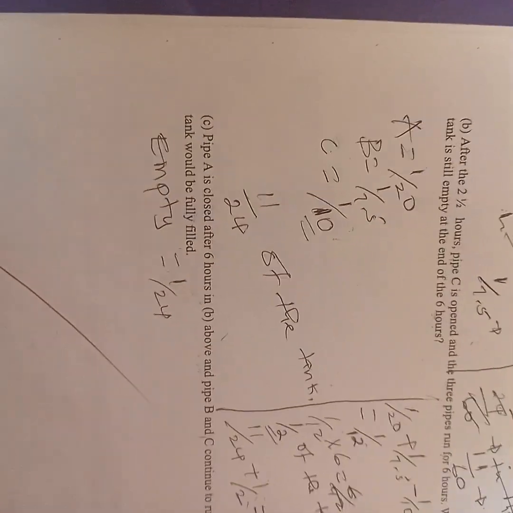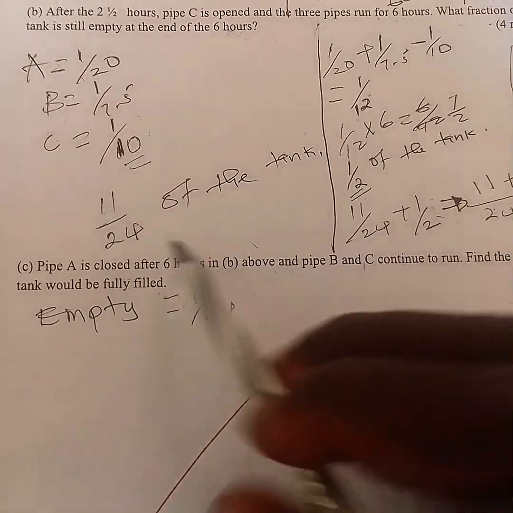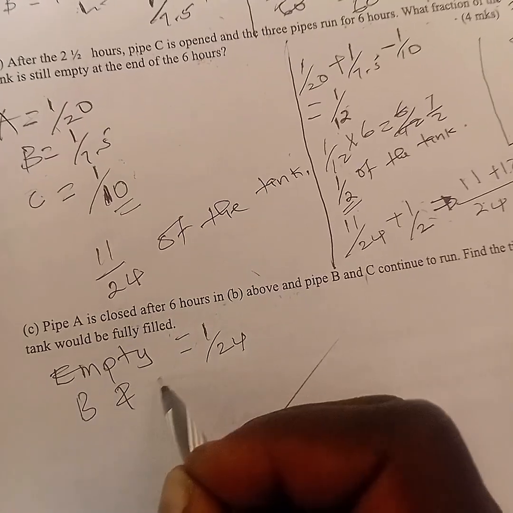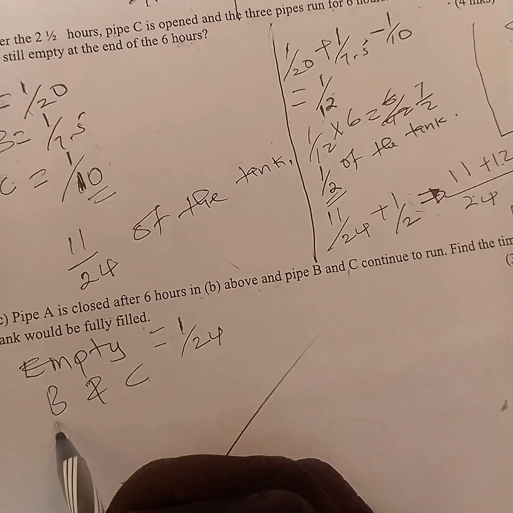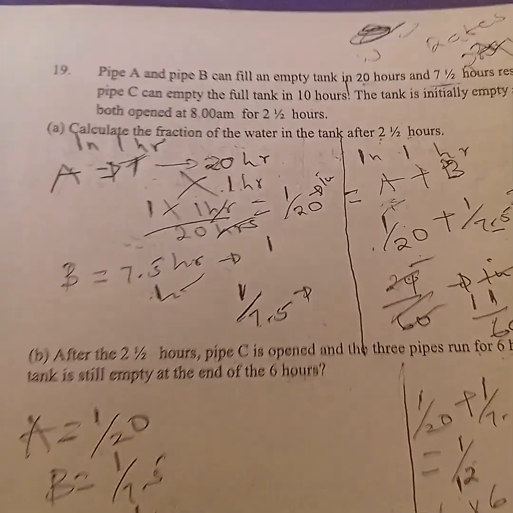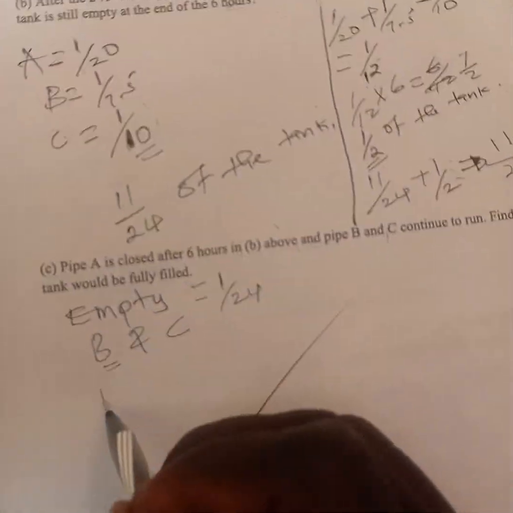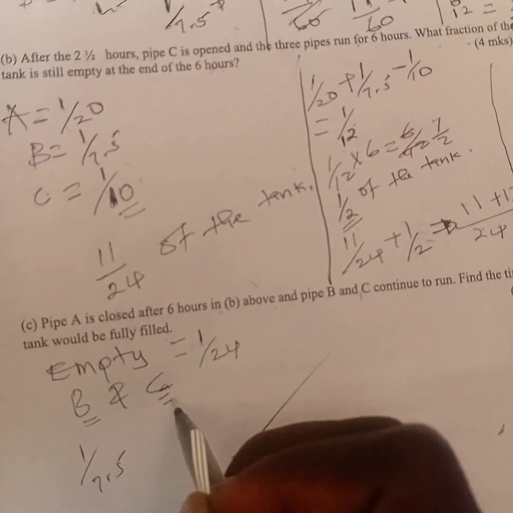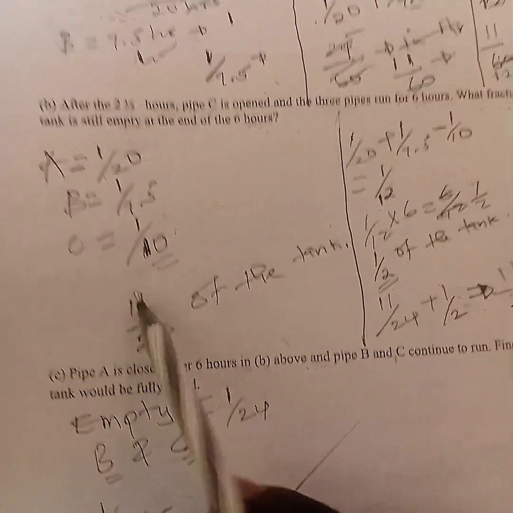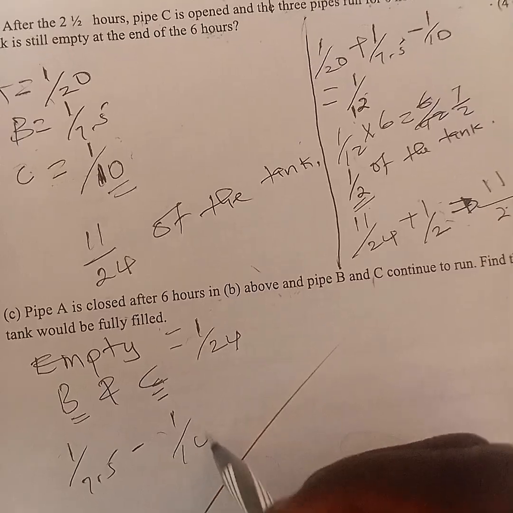1 over 24. So pipe A is closed, so the remaining pipes will be B and C. The rate of B in 1 hour is 1 over 7.5. C, remember, removes water. It empties the tank, which is minus its rate, 1 over 10.